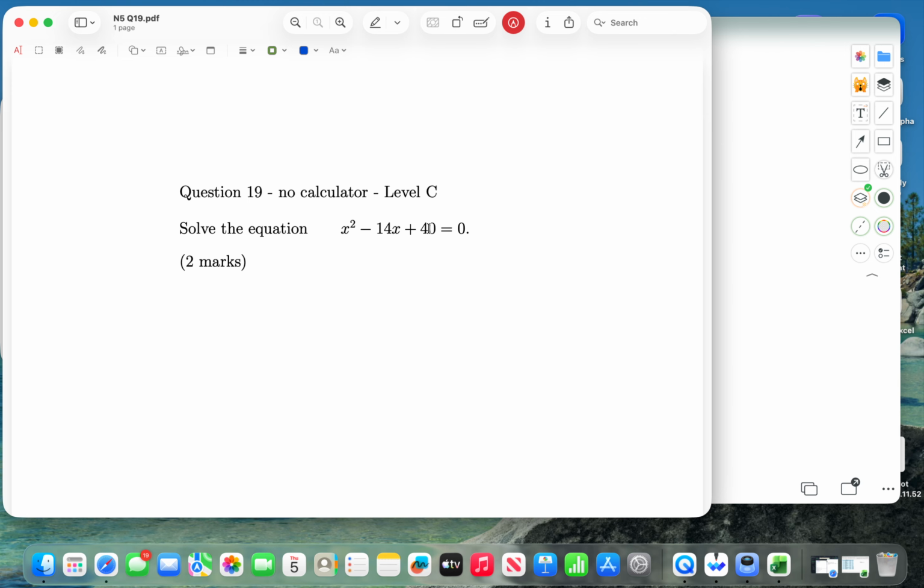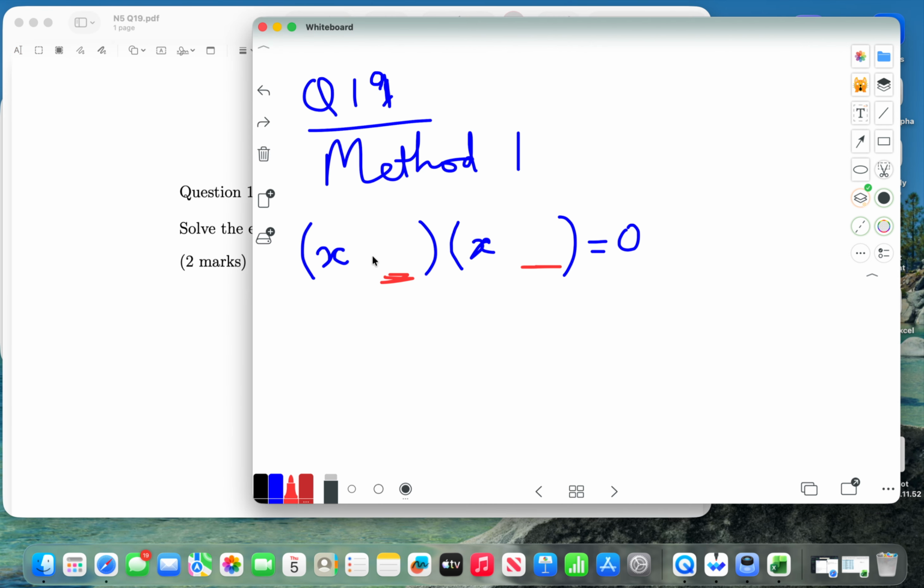So to get positive 40, you can either have two positives or two negatives, but you need to add to get minus 14, and you cannot add two positive numbers and get a negative. So the only option is you need two negatives, one in one bracket, the other in the second bracket.